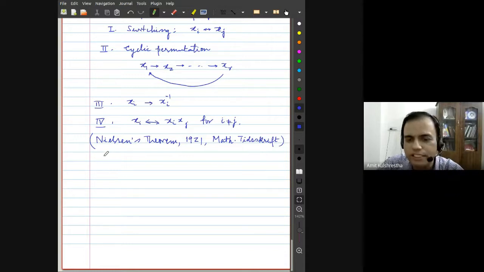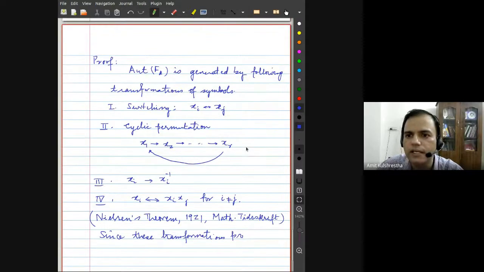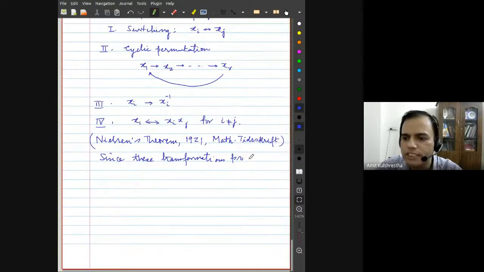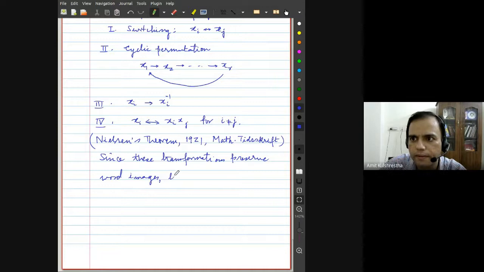So now, that's Nielsen's theorem: the automorphism group is generated by these transformations. Since these transformations preserve word images, I guess that is clear.